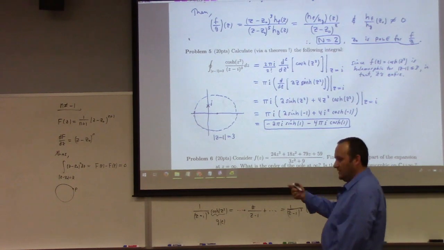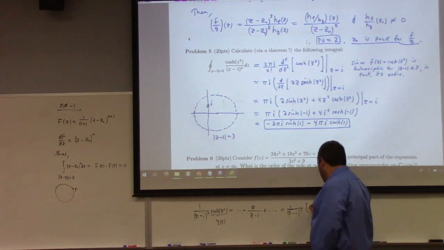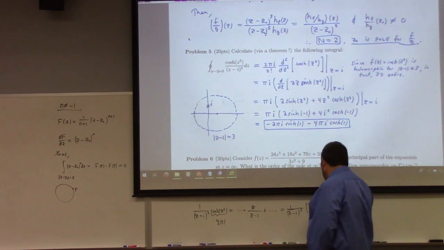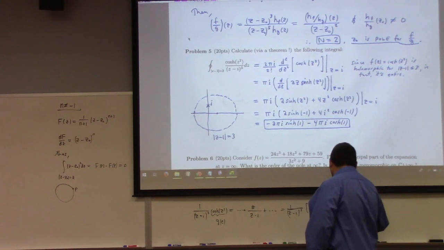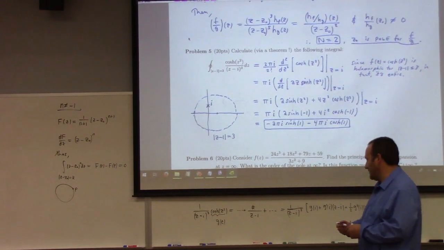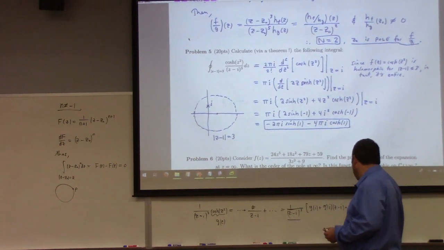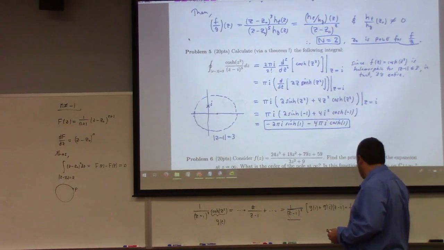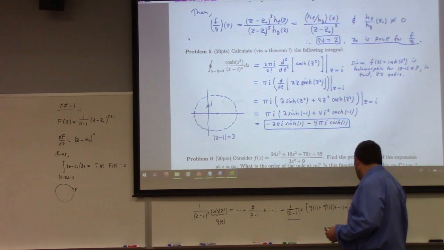And then the thing is, we can do the Taylor expansion for that about i, right? That's going to be g of i plus g prime of i times z minus i plus 1/2 g double prime of i times z minus i squared. And you see from just multiplying the Taylor series by this reciprocal term out front that this is going to be the residue of cosh of z squared over z minus i cubed at i.